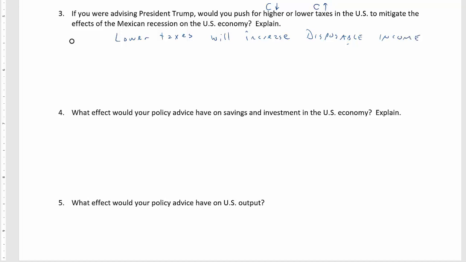And if our income after taxes increases, then consumption spending will increase. And if consumption increases, that aggregate demand curve is going to shift back to the right so that the effect on our economy will be mitigated. So what would that policy have on savings and investment in the U.S. economy? Explain that one.